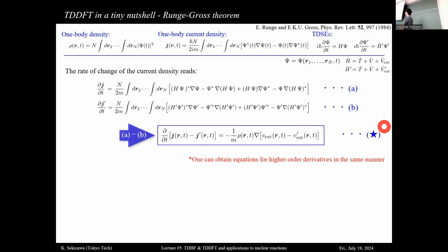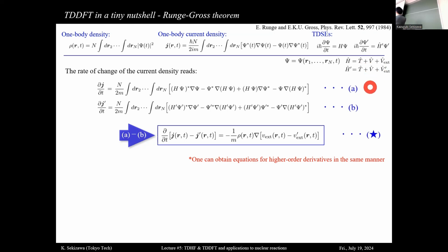Now, we can subtract equation B from equation A. The left-hand side is nothing but the time derivative of J minus J prime. And on the right-hand side, I skipped the details, but the one-body kinetic term and the two-body interaction terms are the same.